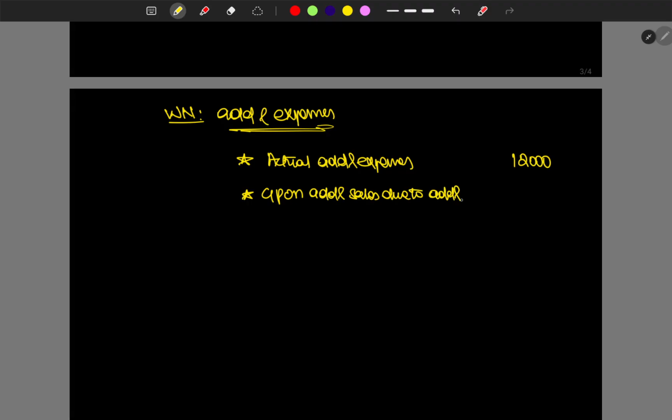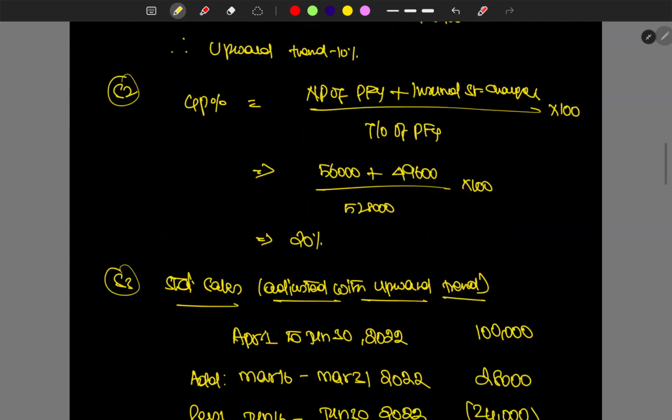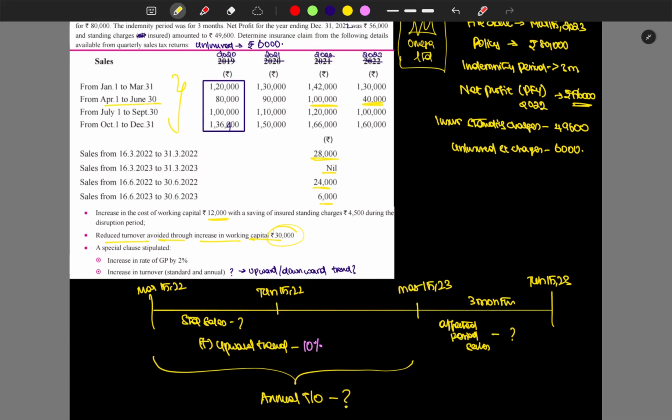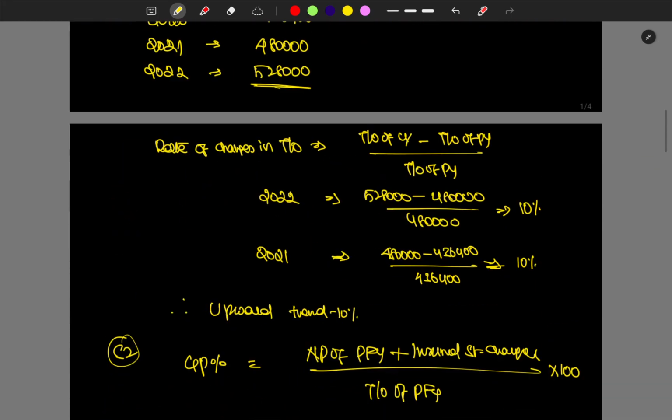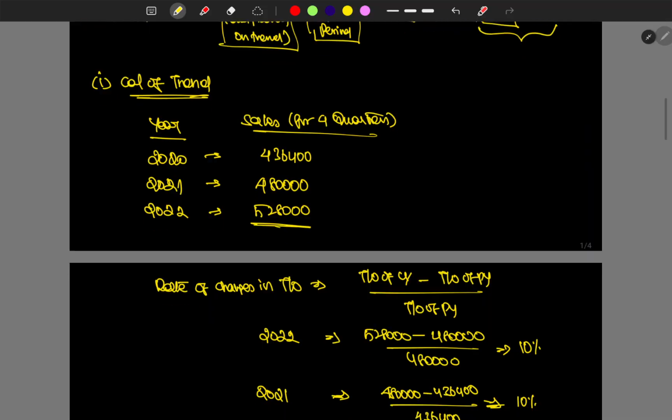How much is the additional sales given in the question? You can see that reduced turnover avoided through increase in working capital. They have reduced the turnover, and due to the increase in working capital, they have made sales of rupees 30,000. By incurring this 12,000, the company has increased the sales by 30,000.